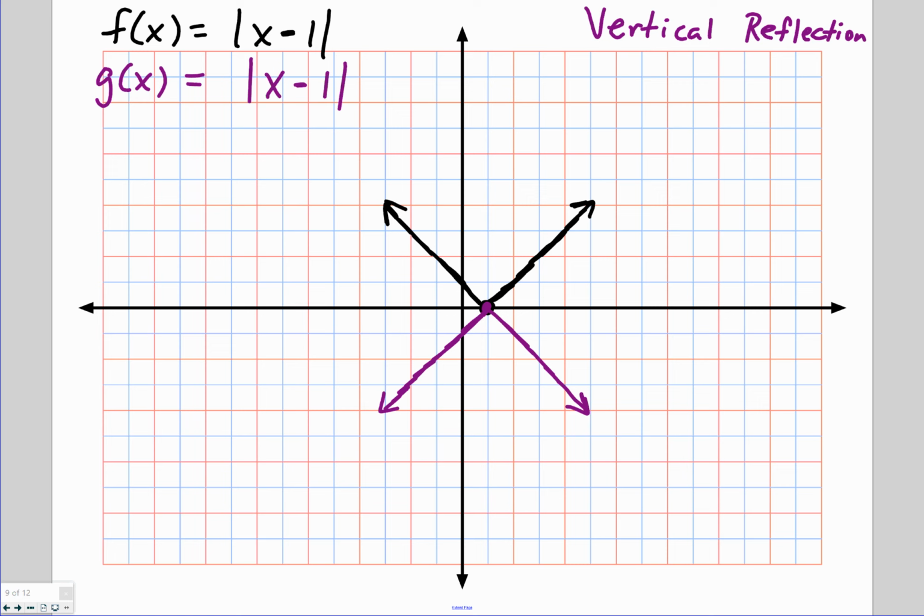Now let's see if you can do this. When you do a vertical reflection, if you need to think about a point, you can. Let's look at this point. You guys see, what is that, 3, 2? All right, instead of 3, 2, what is the point down here? 3, negative 2. So the y value changes, which means what do I need to make opposite? The entire function.